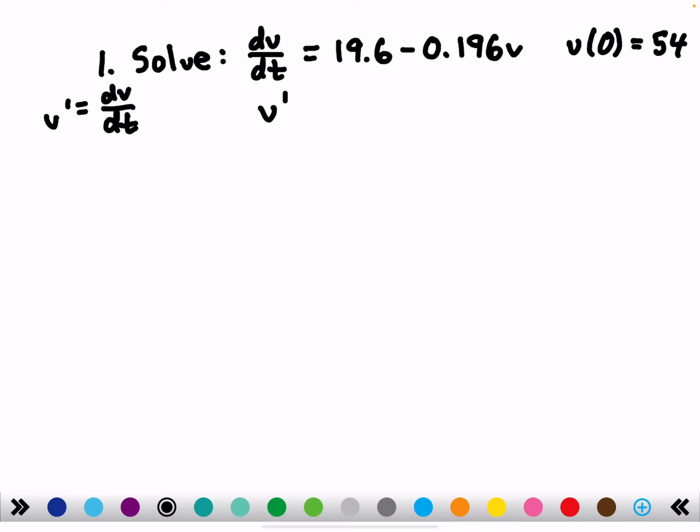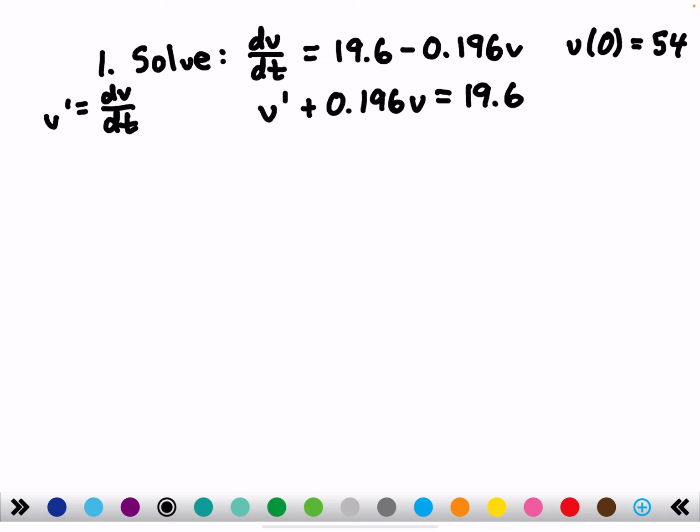So we'll substitute v prime for dv dt and move the negative 0.196v from the right side to the left side to give us v prime plus 0.196v equals 19.6.